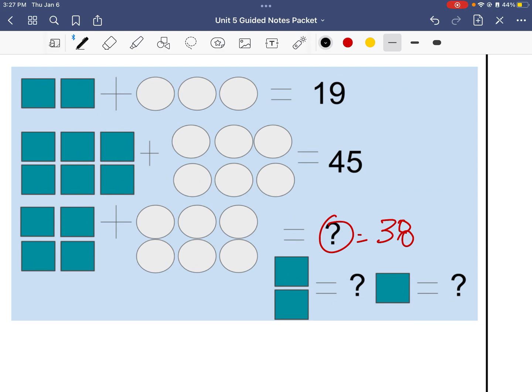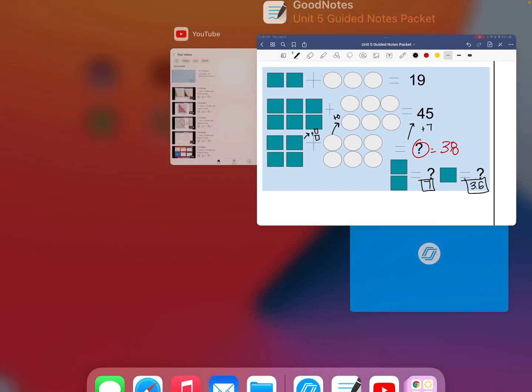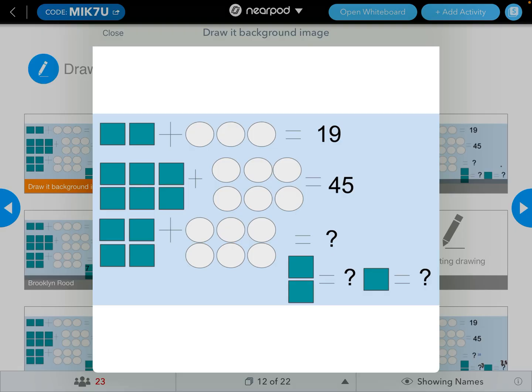A lot of my students were realizing that to get from here to here, it's the same there, but you would have to add 7 there, and you have to add 2 squares here. Well, then that would mean that 2 squares is 7, and if 2 squares is 7, then 1 square is 3.5. Okay. All right, let's do another hard one.